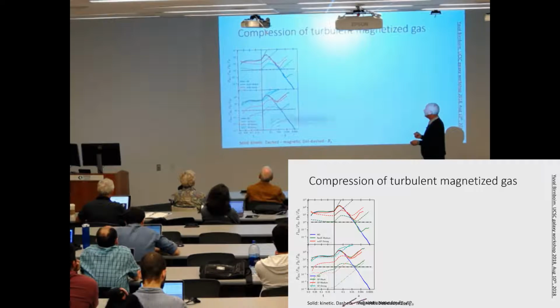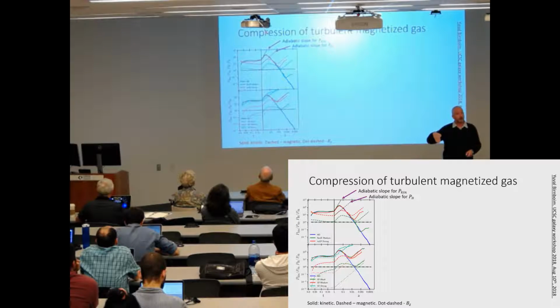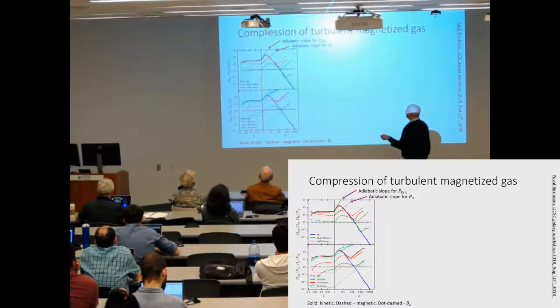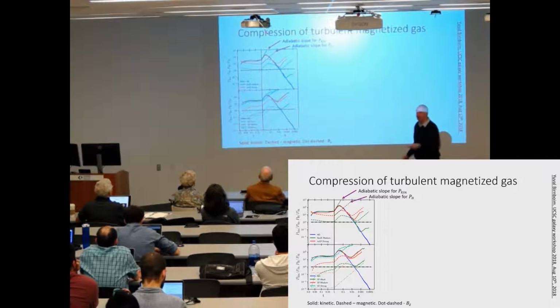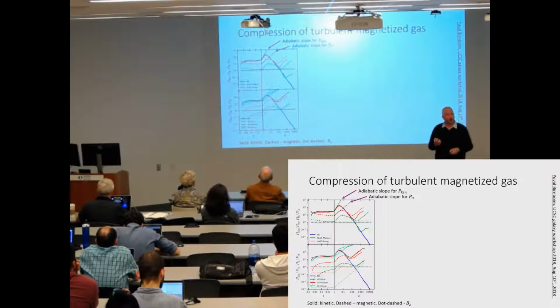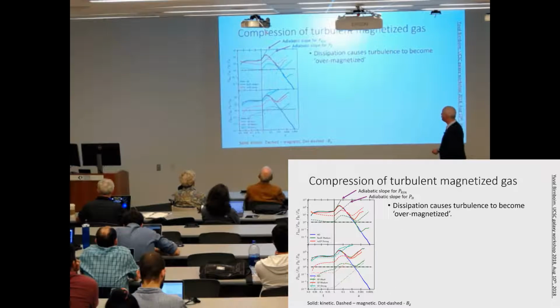The solid line we see here is just the slope that we expect from the adiabatic compression of kinetic turbulence, and the dashed line here is the adiabatic slope we expect for the magnetic enhancement because of compression.